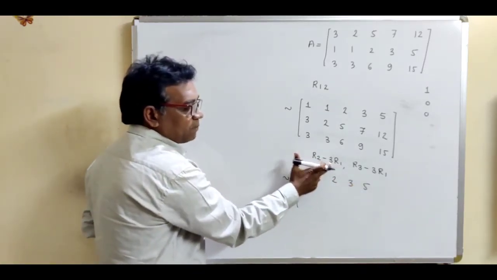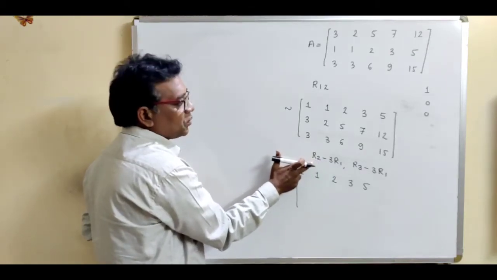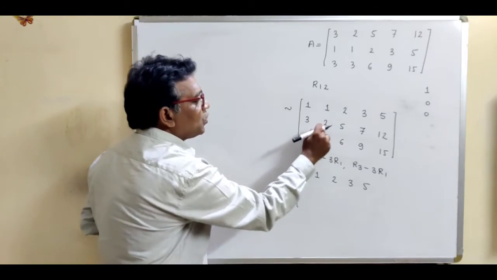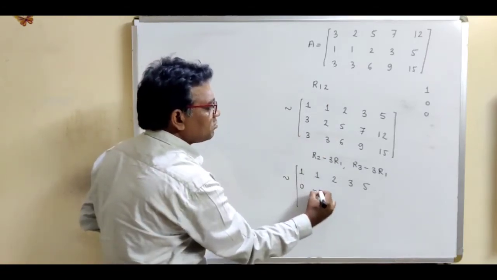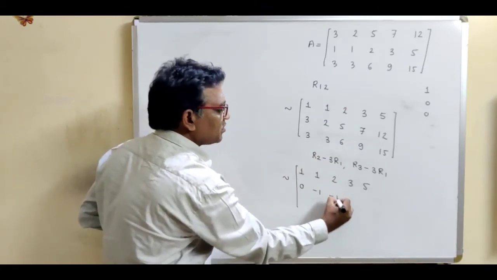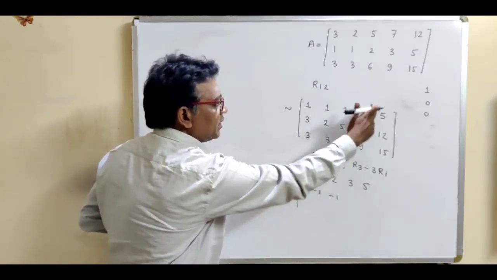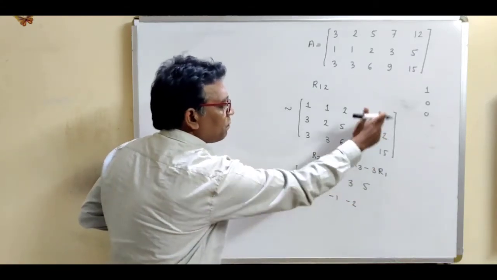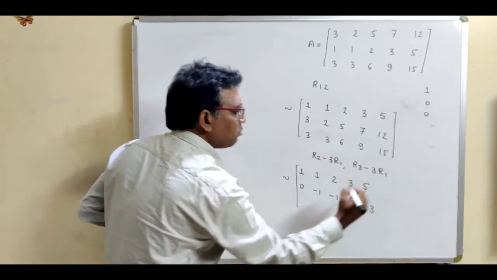Multiply the first row by 3 and subtract from the second row. So 3 minus 3 is 0, 2 minus 3 is minus 1, 5 minus 6 is minus 1, 7 minus 9 is minus 2, 12 minus 15 is minus 3.